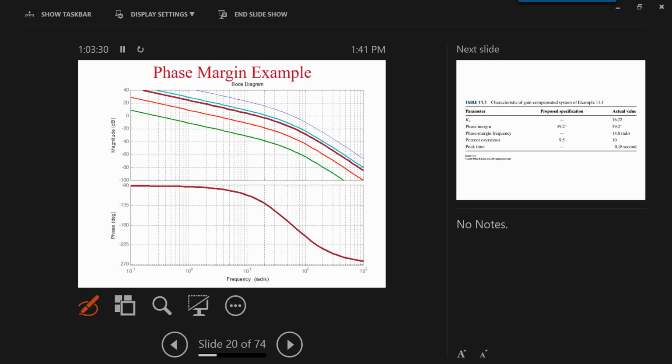So I need to increase the gain by 20 dB. Increase or decrease? We need to increase the gain by 20 dB. Let me do this with you using MATLAB, so you can see what we are doing.